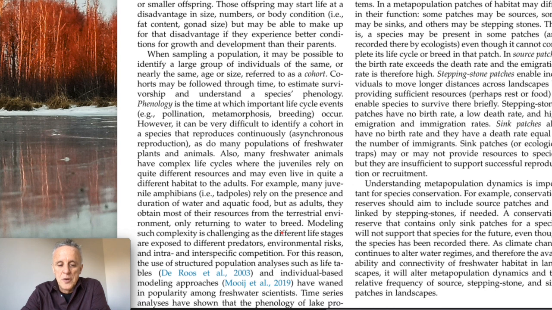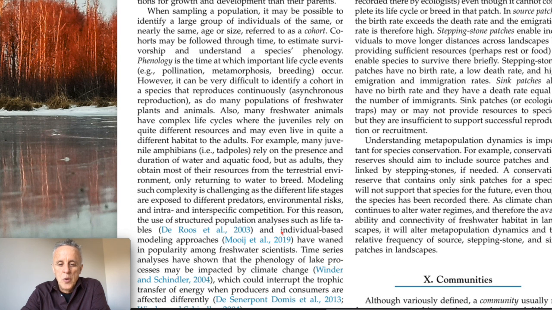Also, many freshwater animals have complex life cycles, where the juveniles rely on quite different resources and may even live in quite a different habitat to the adults. For example, many juvenile amphibians rely on the presence and duration of water and aquatic food, but as adults, they obtain most of their resources from the terrestrial environment, only returning to water to breed.